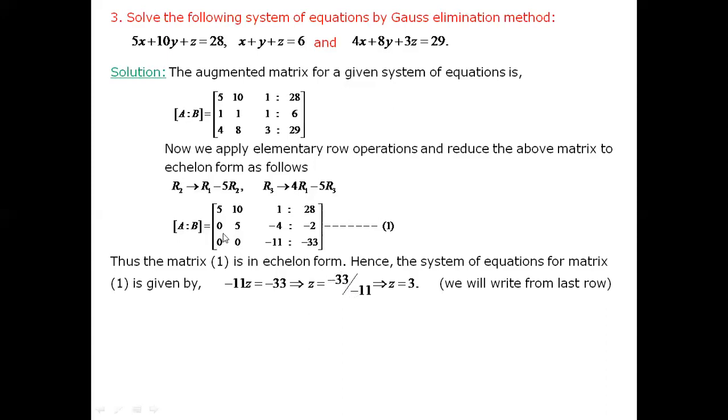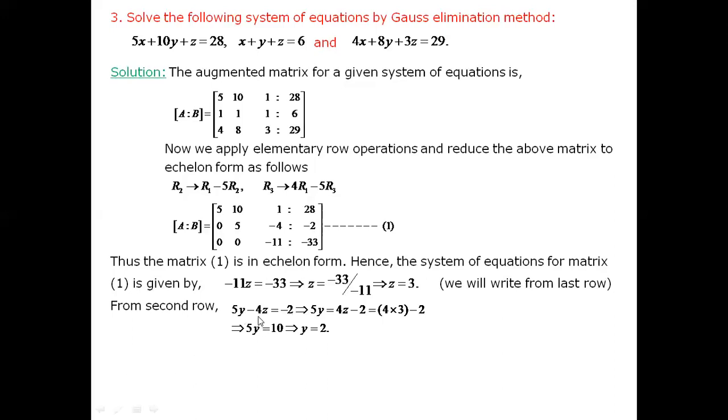Now, using the second row, we'll write the second equation. So the second equation becomes x is 0, y coefficient is 5, so it is 5y minus 4z equal to minus 2. So I want y here.